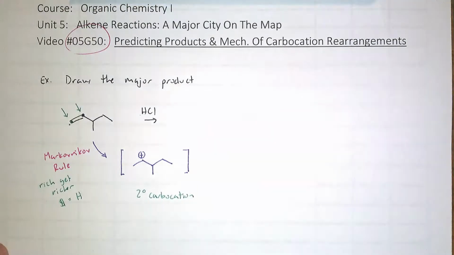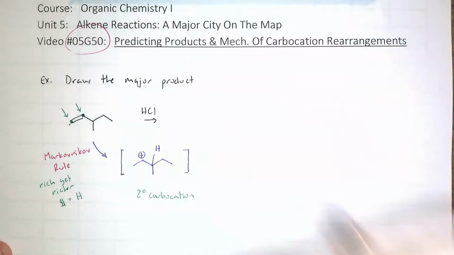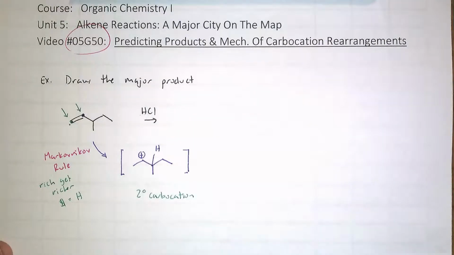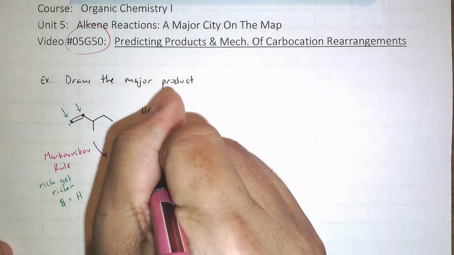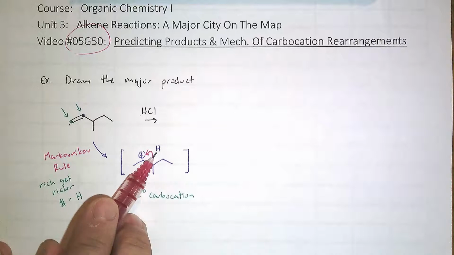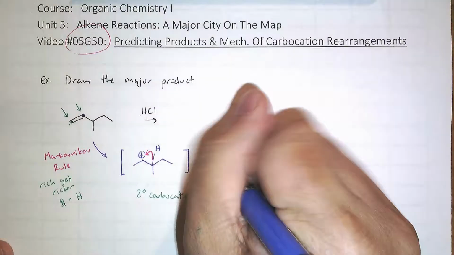And the rearrangement in this case will be a shift because we have a secondary carbocation, but if you know your line structures well, you know there's a hydrogen right there. By doing a little jump, and this is a mechanism arrow, by showing the electrons bring the hydrogen nucleus to this carbon, look at the result.